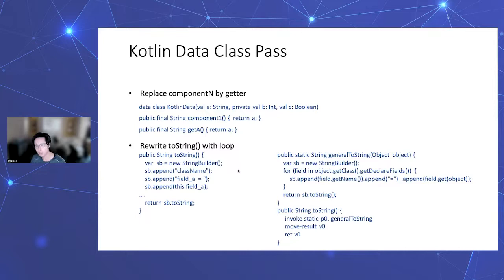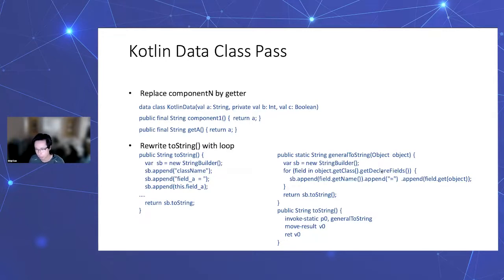So then we tried to implement this toString using reflection. We get all the fields and then print them one by one in a for loop.